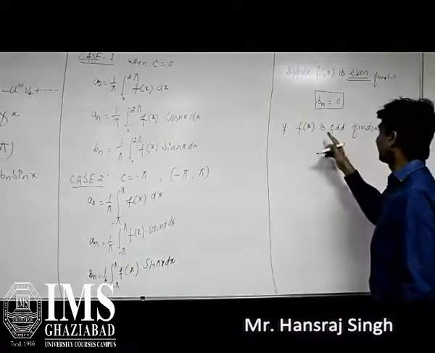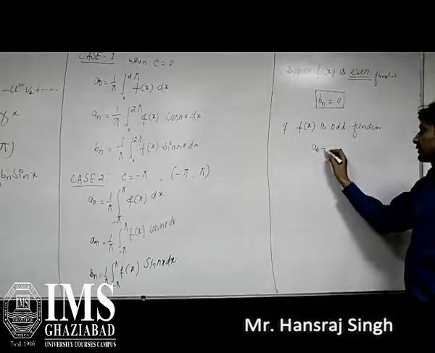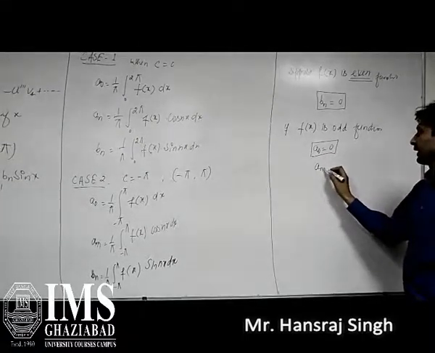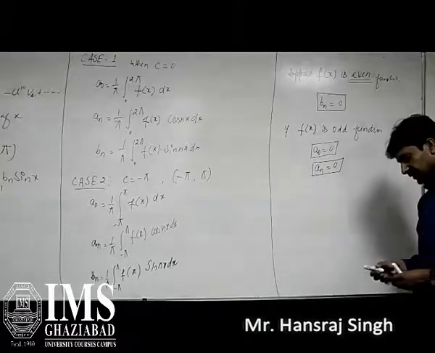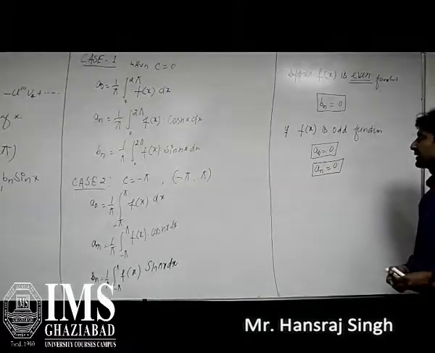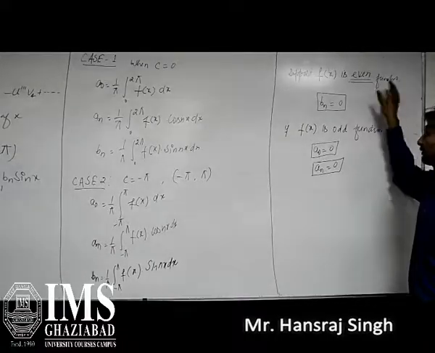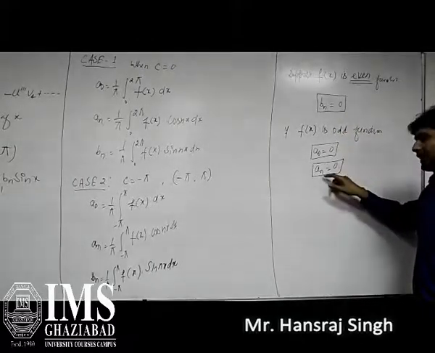That is, when the function f(x) is odd, a naught is equals to 0 and a n is equals to 0. So when the function is even or odd, students, we can easily find that either one of the Euler constants is 0. If the function is even, then b n is definitely 0. If the function is odd, then a naught and a n are definitely 0.